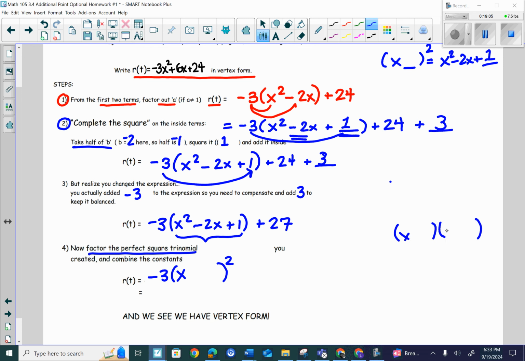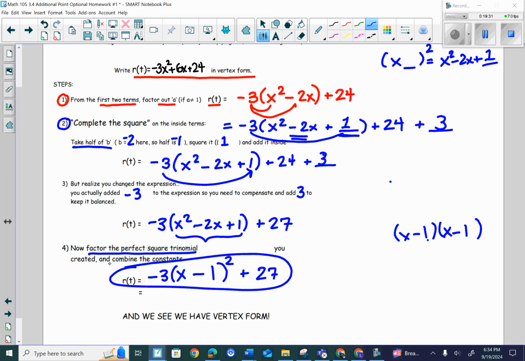If you don't see it as a trinomial, x times x, and 1 times 1 gives you that 1 over there, and -1 and -1, so it's x minus 1 squared plus 27. And that is my vertex form.